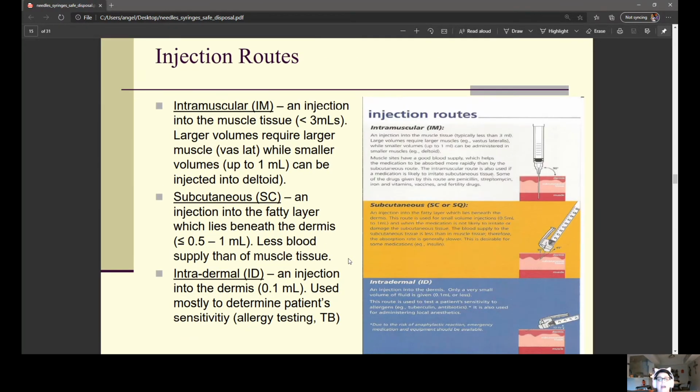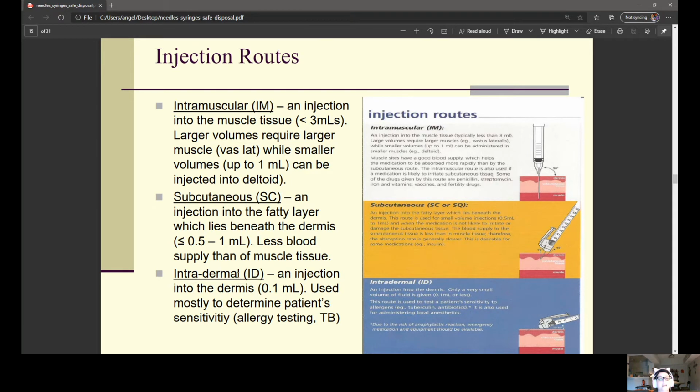The injection routes. Now, I know I was speaking about this earlier. Intramuscular injections, we call them IM. Subcutaneous, we call them either SC or SQ or sub-Q. I've seen them all different ways.